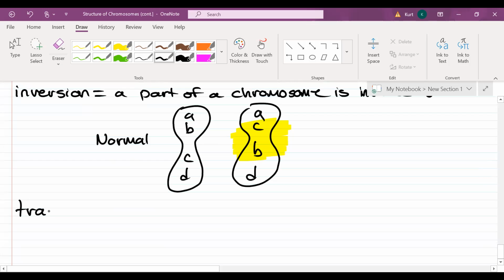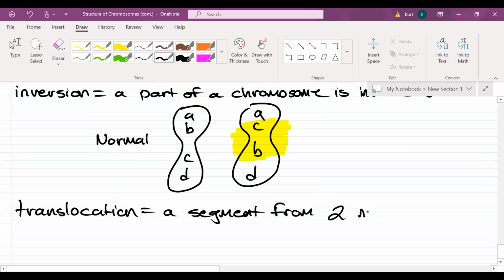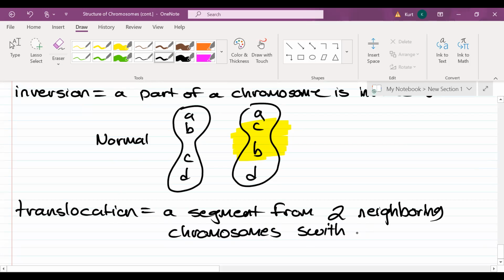We have translocation. A segment from two neighboring chromosomes switch positions. Trans means change and location is where you are, so they're changing where they are.